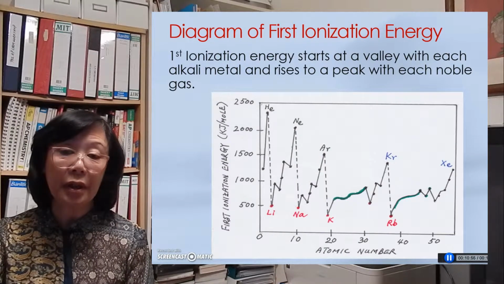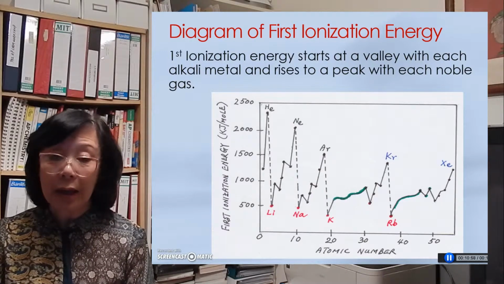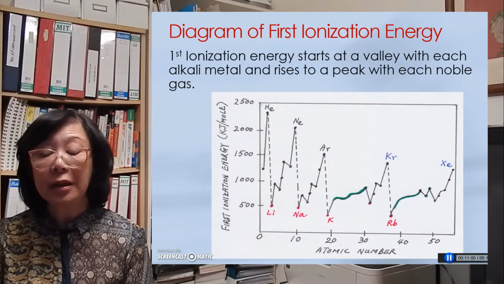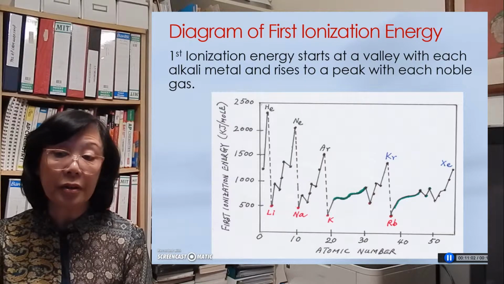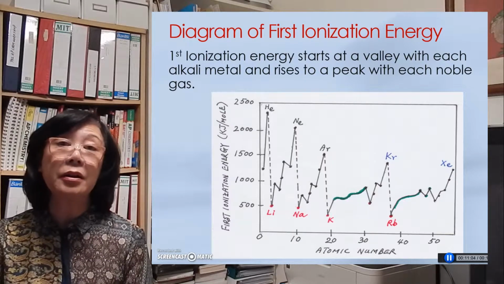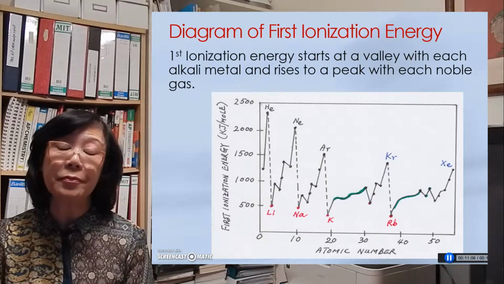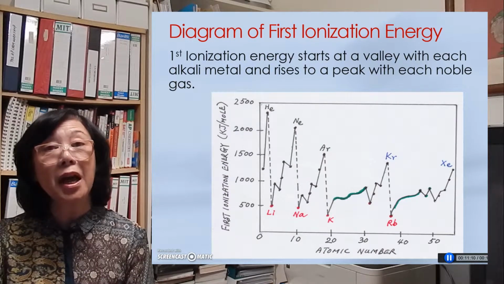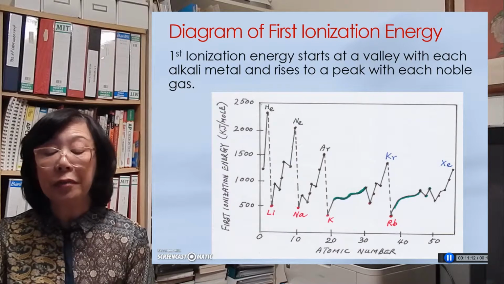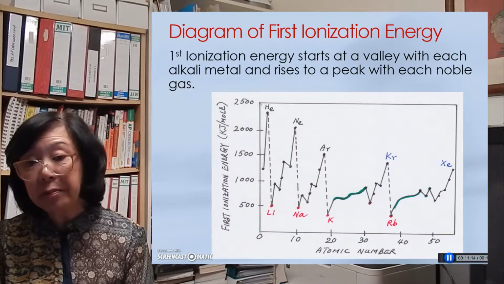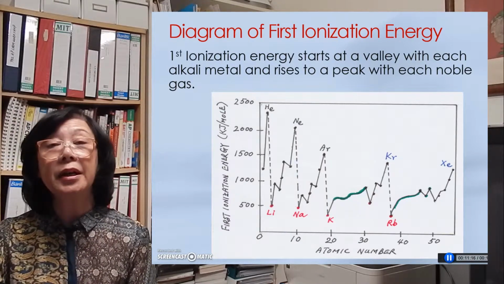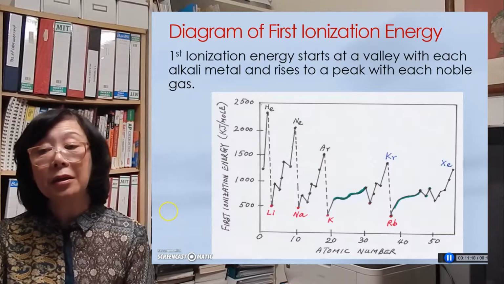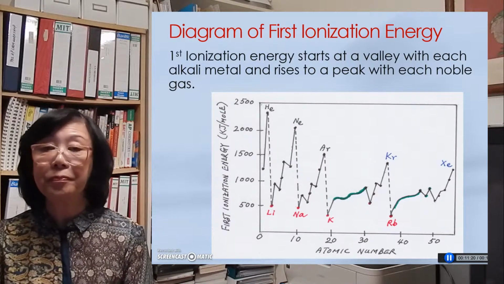So with lithium going up to neon, sodium going up to argon, potassium going up to krypton, and rubidium going up to xenon, ionization energy increases. However, if you look down a family group, you can see a negative downhill slope. If you look at lithium, sodium, potassium, and rubidium, the ionization energy is going lower and lower.